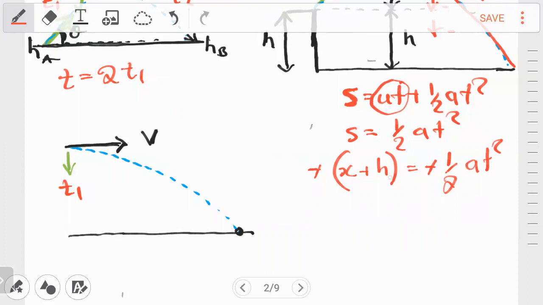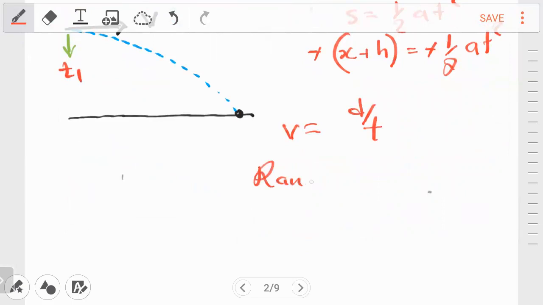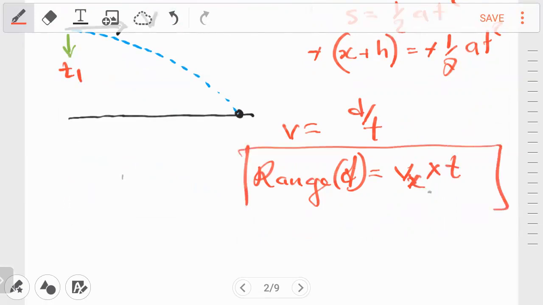Once you have that time, the velocity is just equal to distance over time, or displacement over time, meaning that the range, which is just the distance, is equal to the velocity in the x times the time. Okay, so this is what you'd use once you obtain your value of time.